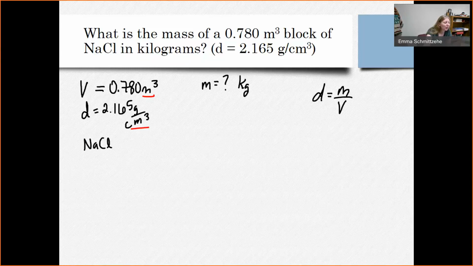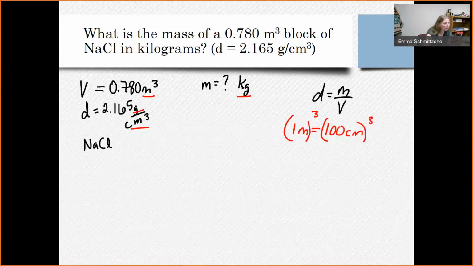And so you should know that a meter equals 100 centimeters. If you were to cube this and cube this, it would give you that relationship between meters cubed and centimeters cubed. And then I have something in grams and I want it in kilograms.